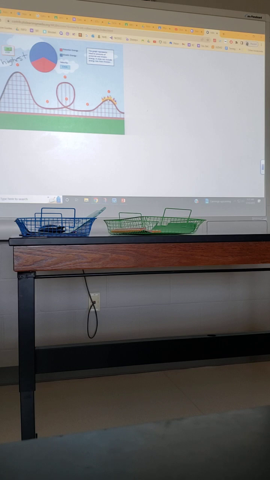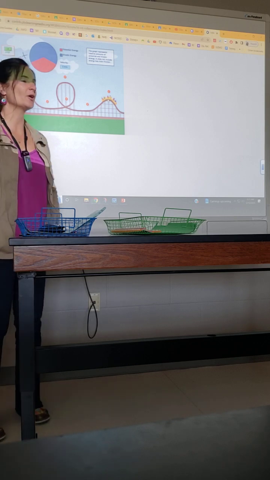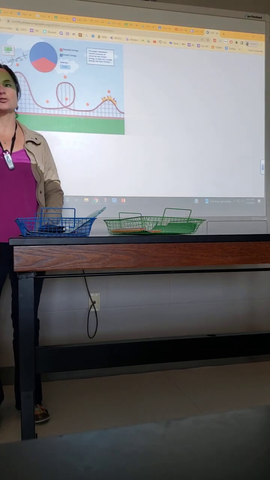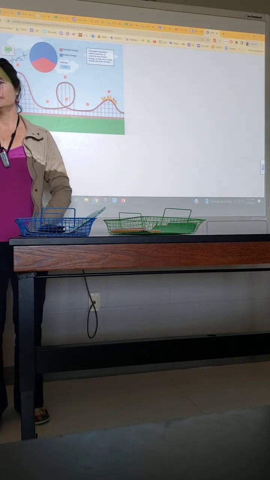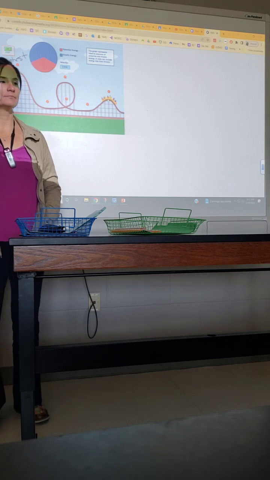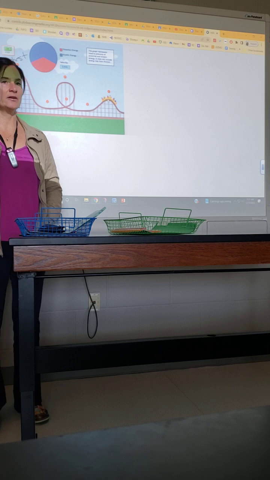These are not difficult. The hardest thing is to make sure you keep your color straight and you know what color you're looking at to represent each type of energy. But the logic of it is very straightforward.